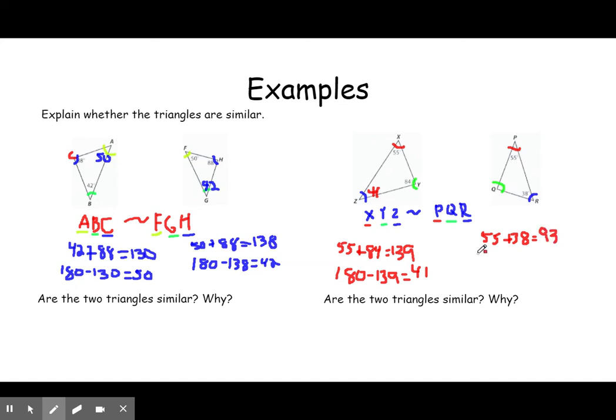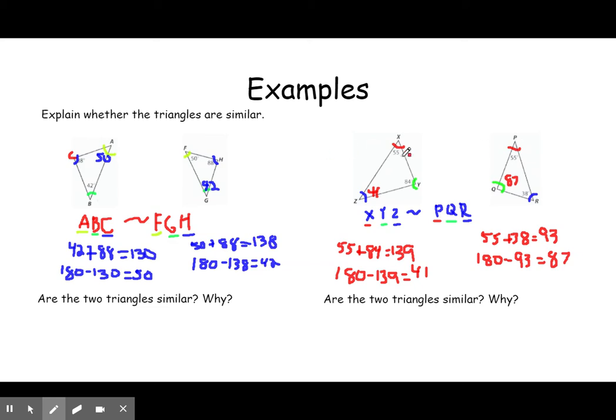So now I can take 180 minus 93. Oops, let me erase that. And that will give me the measurement of my missing angle. So 180 minus 93 equals 87. All right, so here we've got 87.